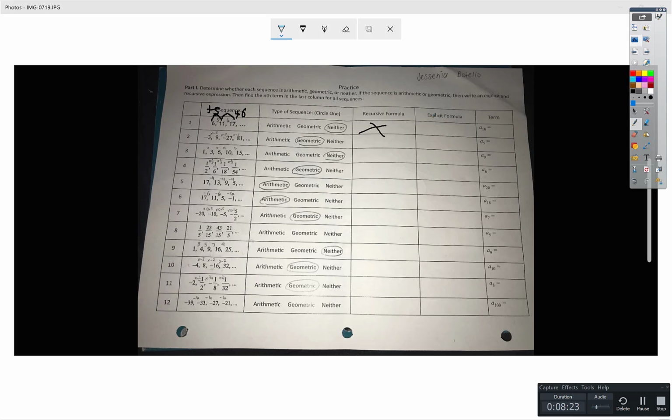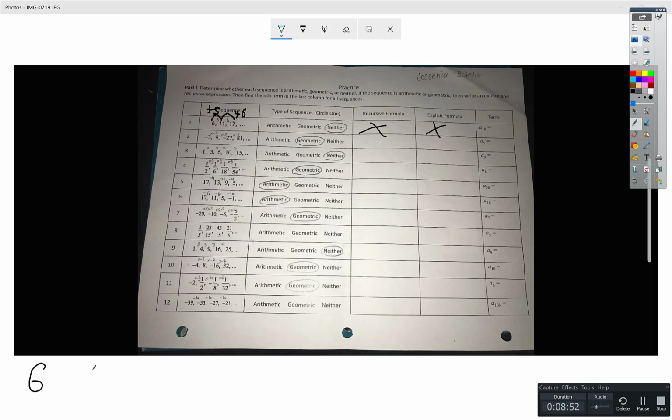We don't have a recursive formula. We don't have an explicit formula. But we know that we're adding 1 more each time. So 6 plus 5 is 11, 11 plus 6 is 17. That's the third term. The fourth term is 17 plus 7. That's 24.